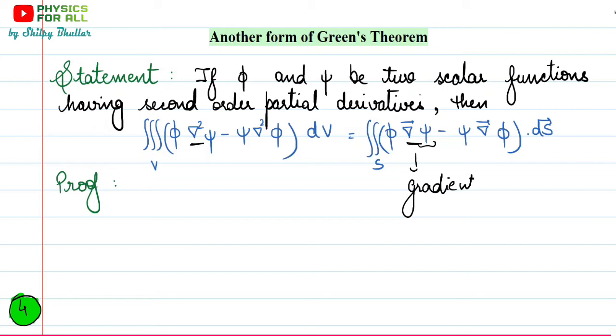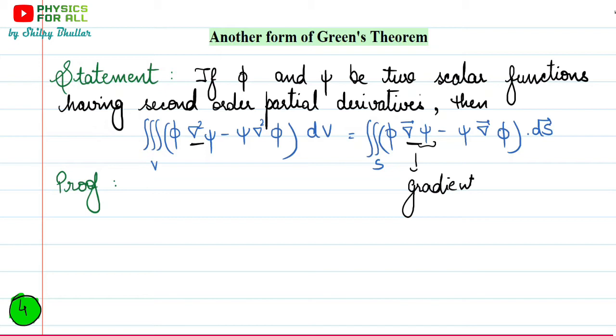Why? Because divergence and curl can only be found of vector functions. And if you have a scalar function, then the only possibility left is gradient. That's the only thing that we can do with a scalar function. That's why, since we have scalar functions here, the only formula that we can use is gradient. So that's what we have used here.